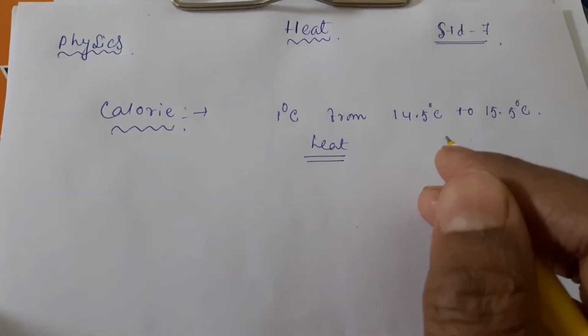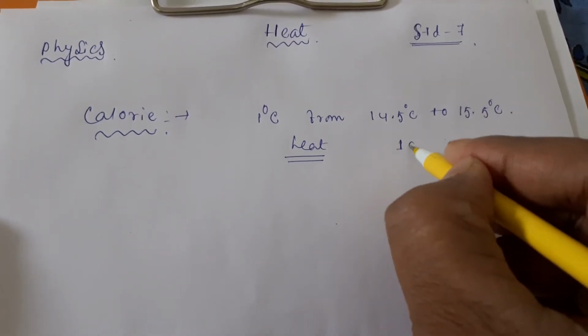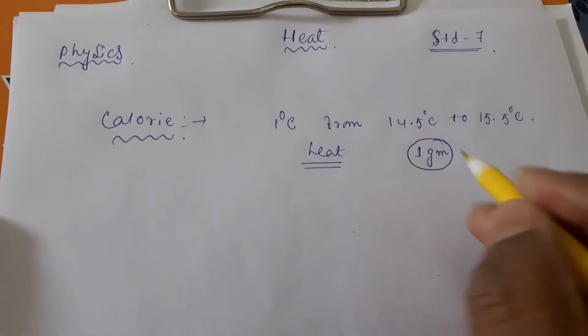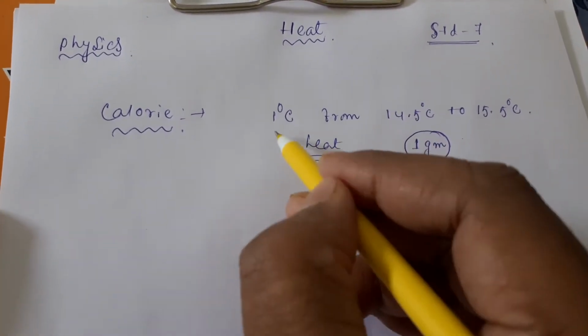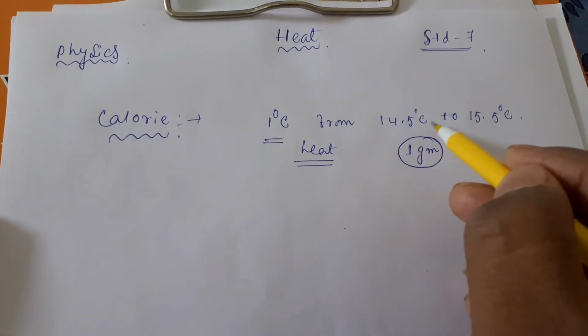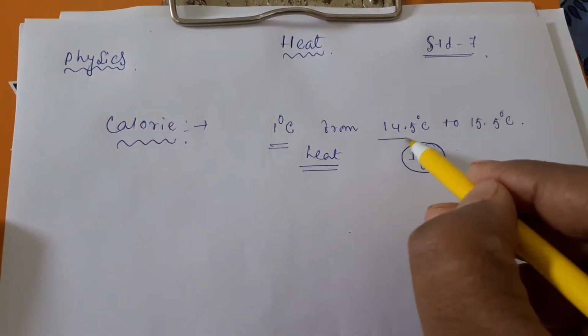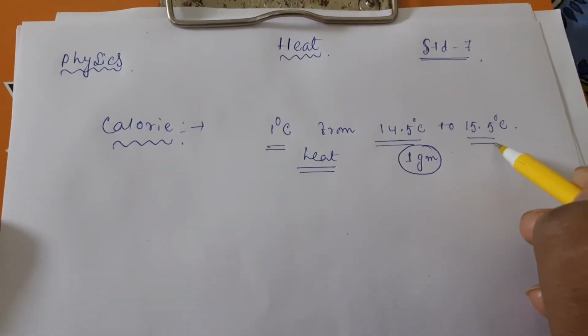That means for 1 gram of water, if you want to raise the temperature by 1 degree centigrade, not from any other particular portion, only from 14.5 degrees centigrade to 15.5 degrees centigrade.